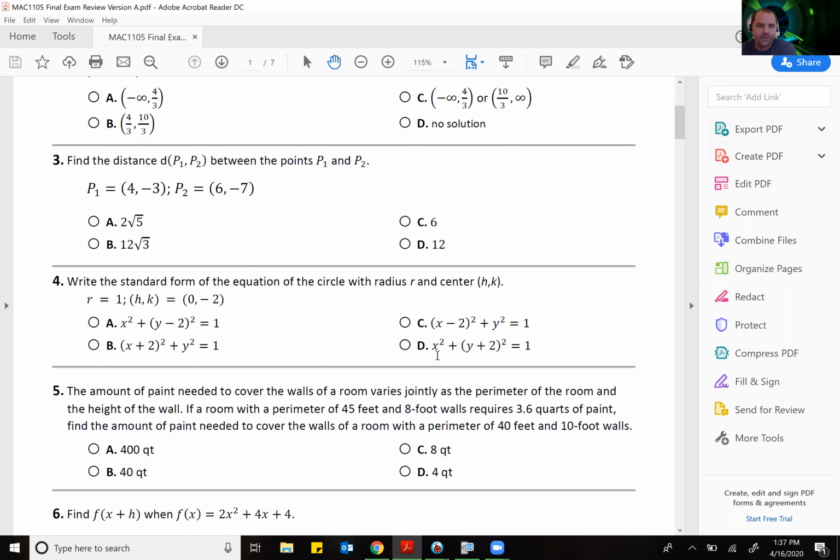If a room with a perimeter of 45 feet and 8-foot walls requires 3.6 quarts of paint, find the amount of paint needed to cover the walls of a room with a perimeter of 40 feet and 10-foot walls. All right, so when we talked about this in class, we did this in 3 stages.